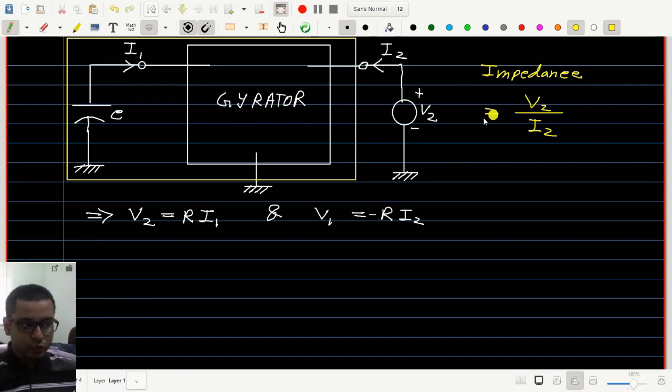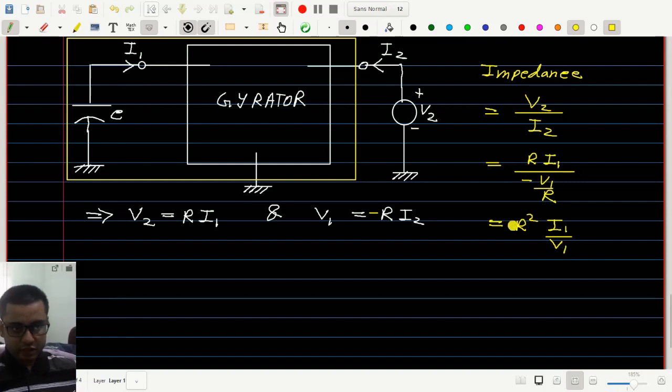Now V2 is given by R I1 and I2 is given by minus V1 by R. So this is equal to R square I1 by V1 with a minus sign, and V1 is this voltage from here to the ground, with this side positive and this side negative as the reference polarity, and this current in the downward direction is minus I1.